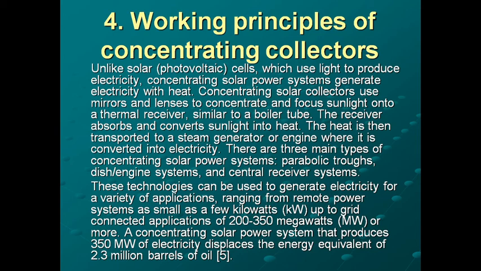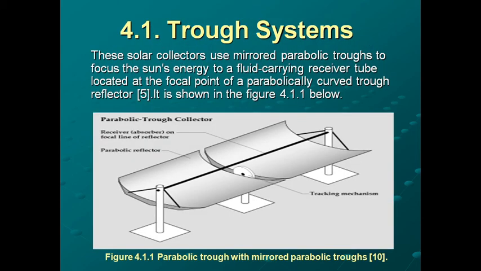The heat is then transported to a steam generator or engine where it is converted into electricity. There are three main types of concentrating solar power systems: parabolic troughs, dish engine systems, and central receiver systems. These technologies are used to generate electricity for a variety of applications. So now this is the trough system we can see in the figure.